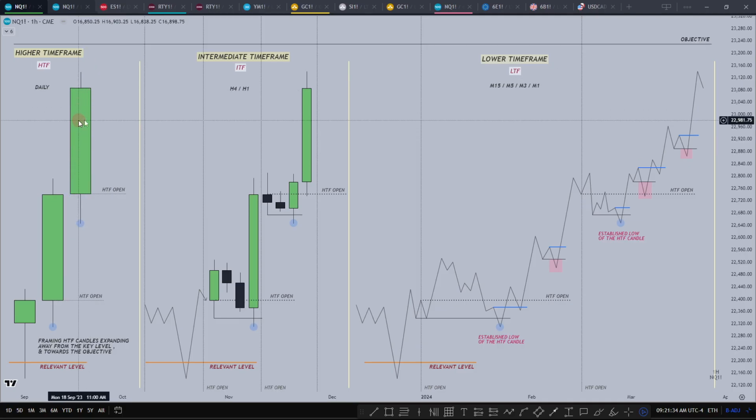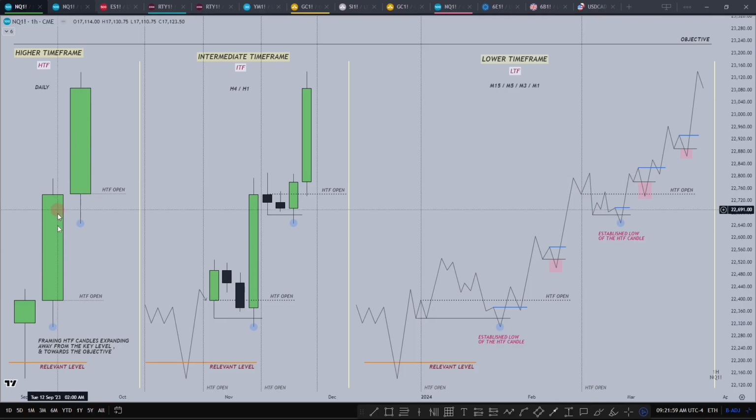Candles on the high time frame expanding towards an objective after a relevant level is hit, like using phases of price delivery, retracement, reversal, anything. Relevant swing is hit, price forms manipulation, anything. So you people are able to frame these high time frame candles, which was the first task, or first session in the mentorship, if you remember, right?